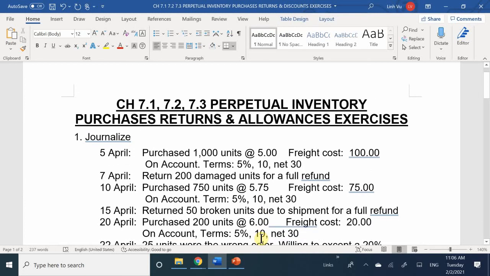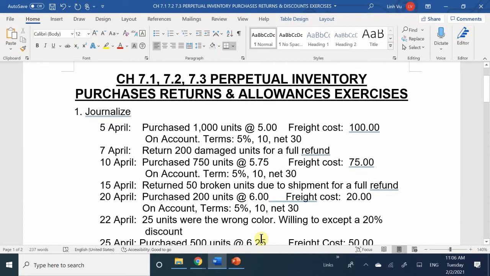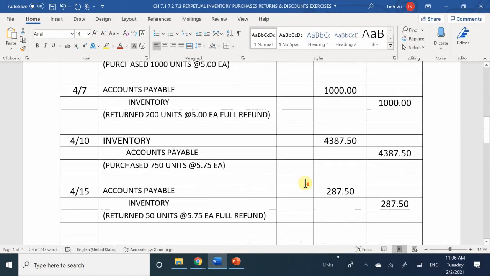The second purchase that we made was on the 10th of April. But what else happened besides that? We also made a return on the 15th of April. So let's look at our accounts. On the 10th of April, we purchased inventory for $4,387.50, but we made a return for $2,287.50.